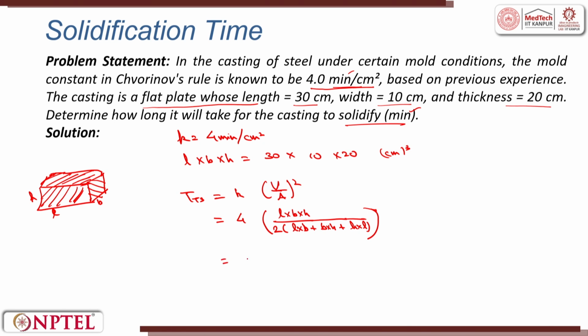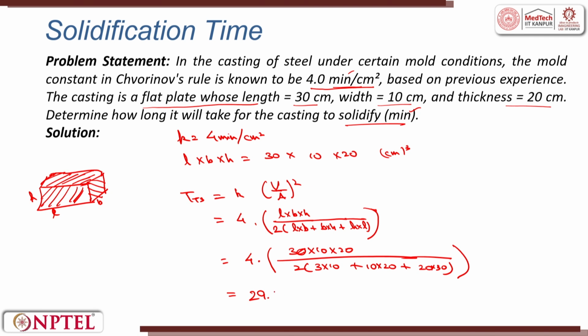So, this gives me the value as 4 into 30 into 10 into 20 by 2 times 30 into 10 plus 10 into 20 plus 20 into 30. So, the answer that I get is 29.75 millimeters. So, this is the time it takes for the casting to solidify.